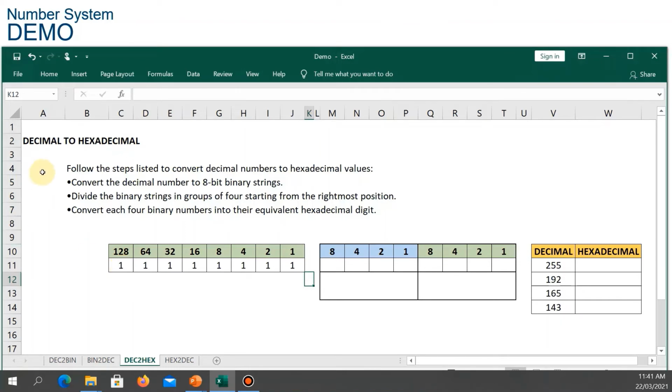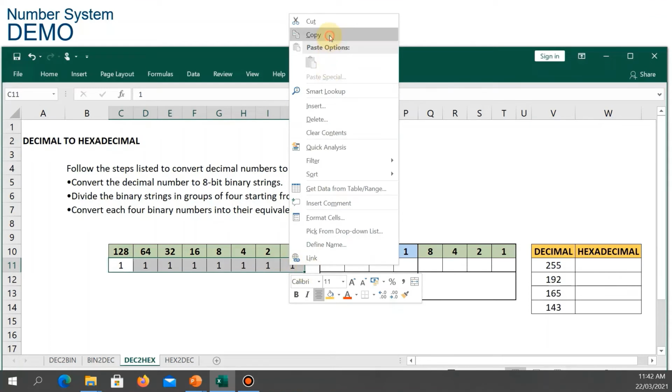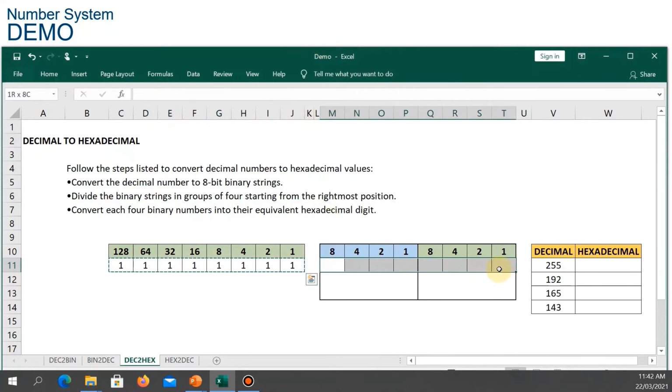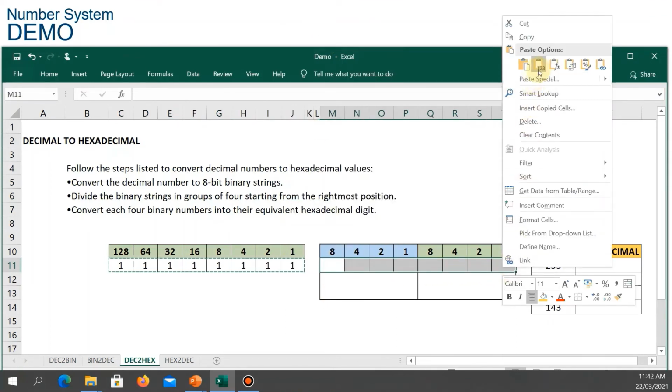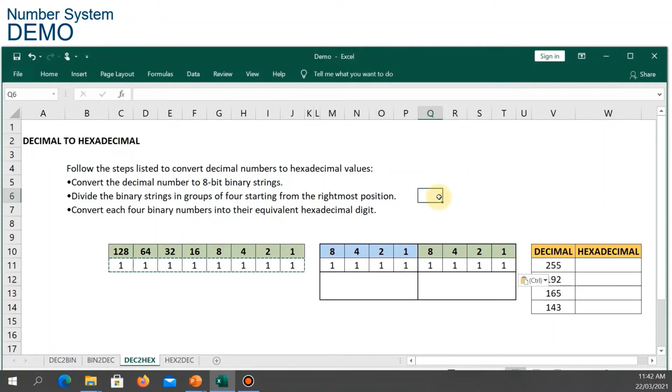That is the first step. The next thing is to divide these binary strings in groups of 4 starting from the rightmost. So we simply copy this and group it into 2 groups. This is the first group, and this one here is the second group.